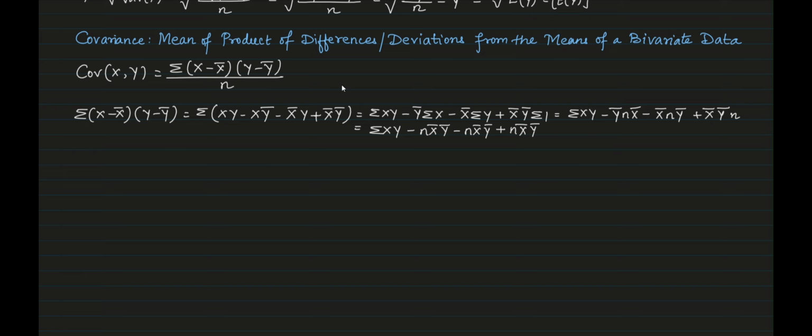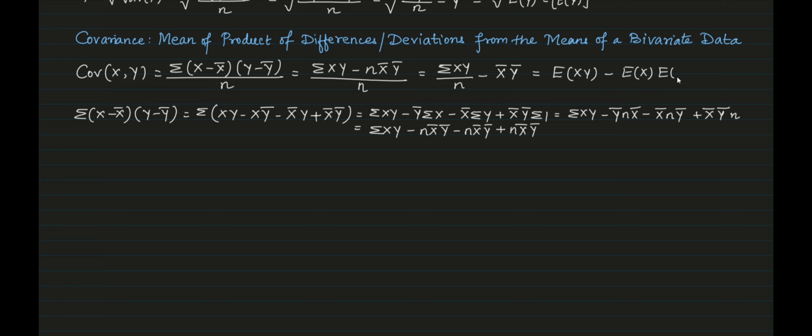This is nothing but summation of xy minus n times x bar y bar, the whole by n, or summation of xy by n minus x bar y bar, which is equal to expectation of xy minus expectation of x into expectation of y.